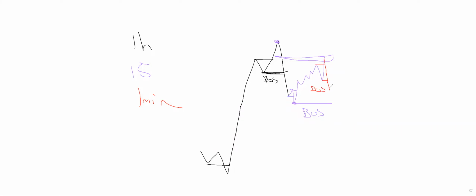So after a break of structure, a new range is created. And because that's the 1 minute, that high right here is going to be shared with the 15-minute. The same way the 1 hour was sharing the high with the 15-minute. So now the 15-minute is sharing the high with the 1 minute.